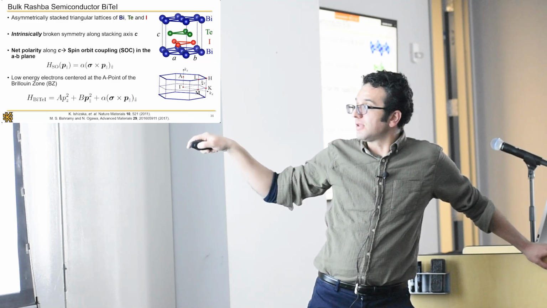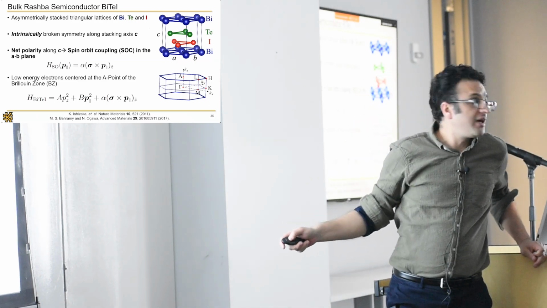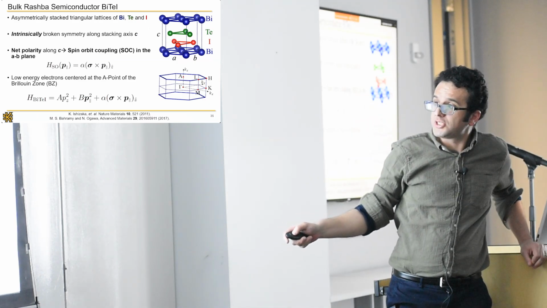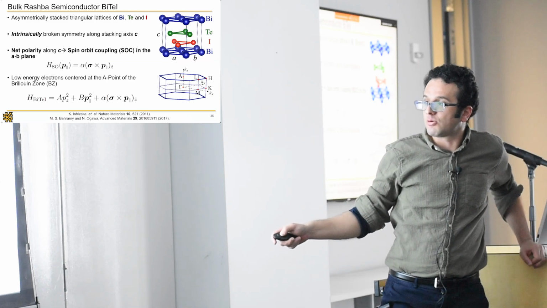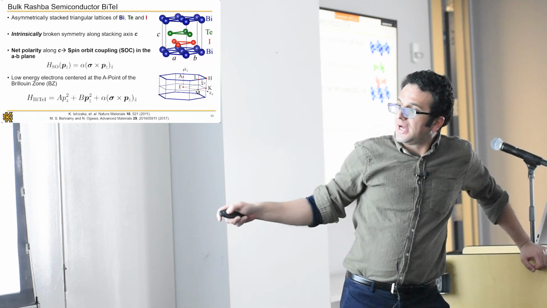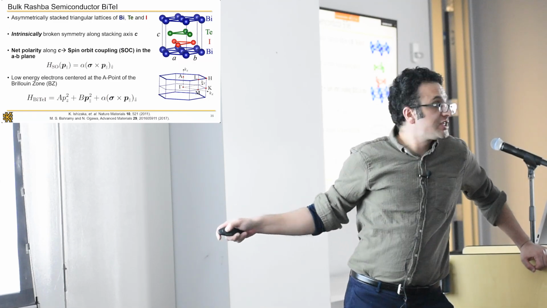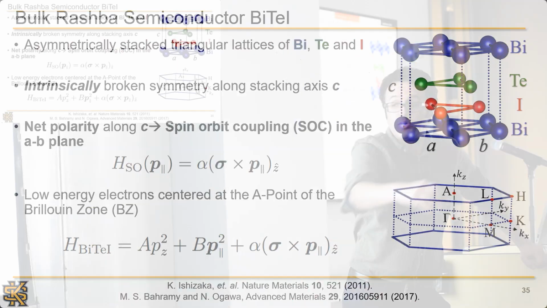Okay, so these are the low energy electrons of my material, and they follow this effective Hamiltonian, which is simply a two-dimensional electron gas with two different effective masses and a two-dimensional spin-orbit coupling in the plane, in the XY plane.